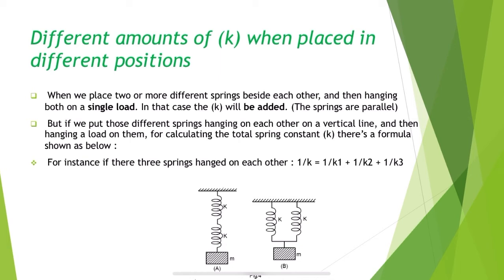There is a formula for it: for calculating the spring constant as a single whole number, the formula will be 1 over K equivalent to, for as many springs as are being used, 1 over K1 plus 1 over K2, and so on, if there are more springs being used in that investigation.